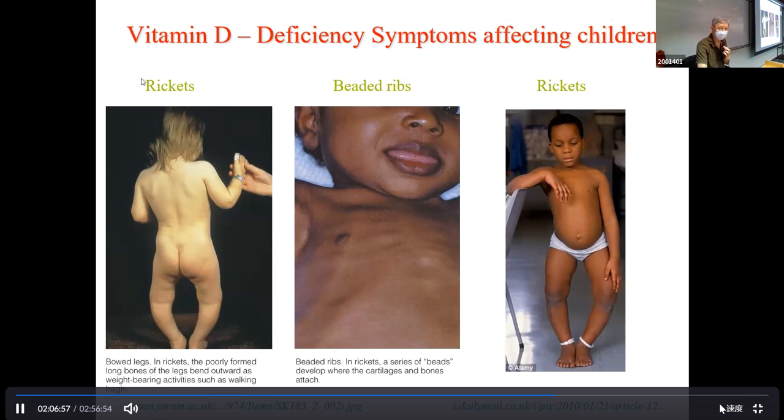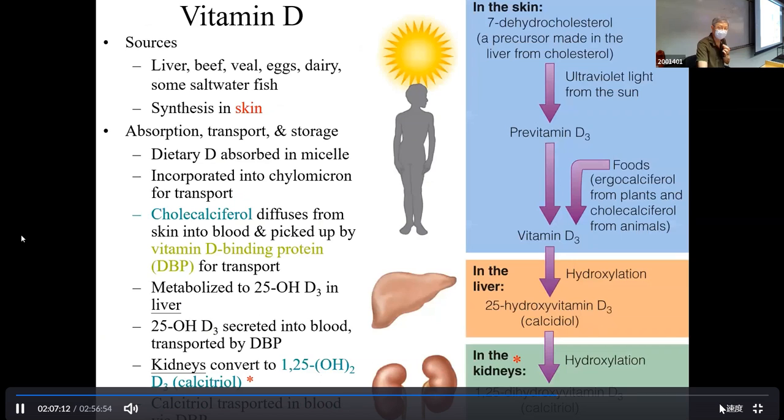Of course, rickets and other conditions are typical examples of vitamin D deficiency and related to calcium. And we know that vitamin D is important, and we are able to obtain vitamin D by exposing ourselves to ultraviolet radiation.